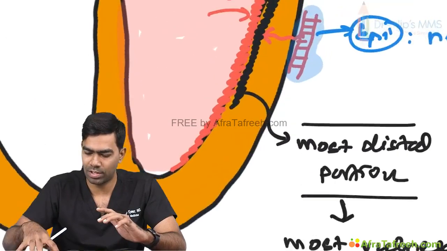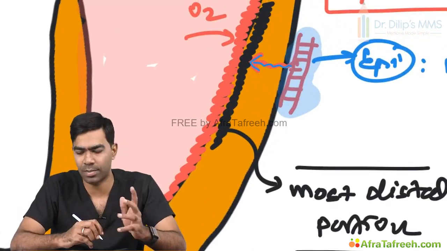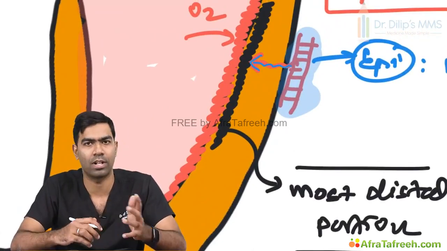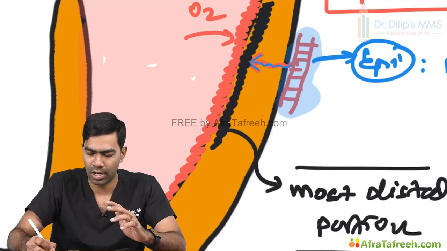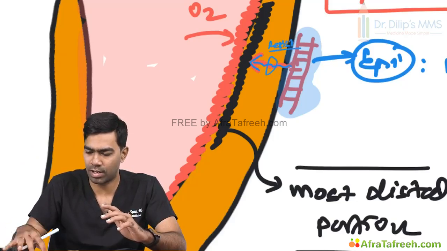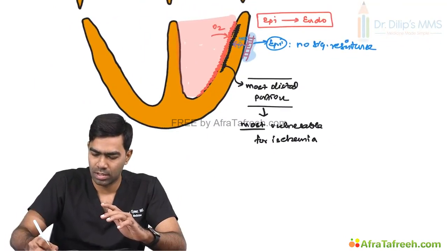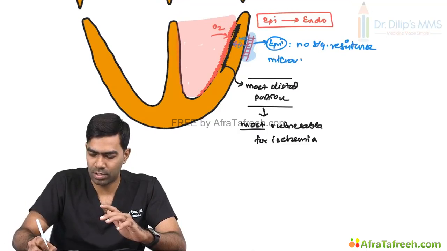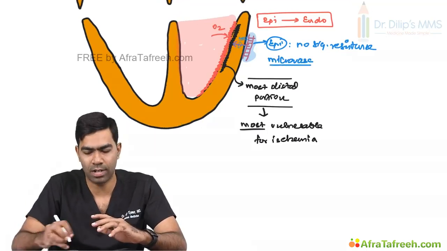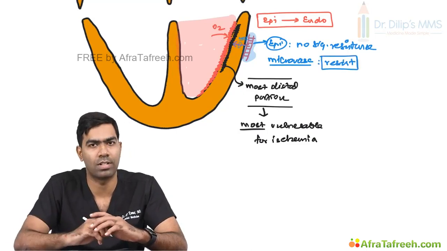The site of resistance is usually the microvasculature, which I'm drawing right now, which are nothing but these penetrating vessels which I've shown here that are going from epicardium to endocardium, and these are going to be the predominant sites of resistance. So I can write that this microvasculature and not the epicardial vessels are going to be the sites of resistance as far as coronary blood flow is concerned.